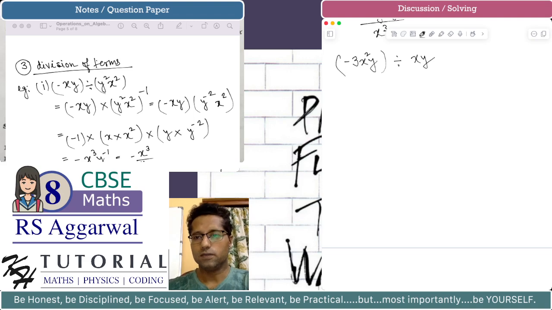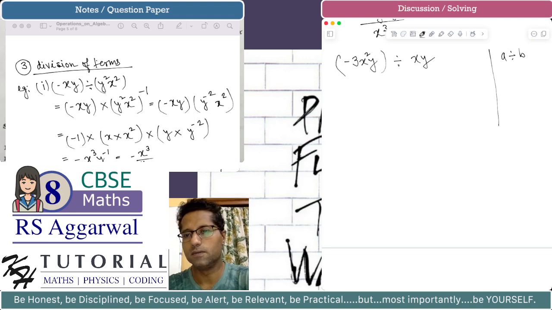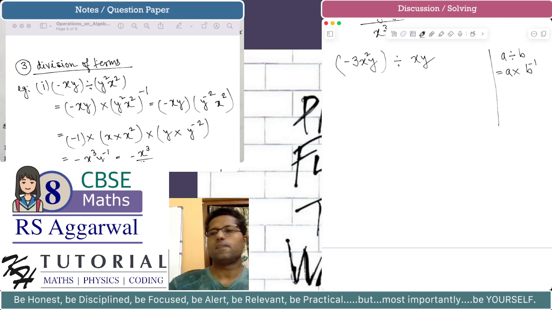As we know, for the division operator, if you divide a by b, of course b has to be a non-zero number or a variable. a divided by b is equal to a multiplied by the multiplicative inverse of b. b to the power minus 1 is the notation of multiplicative inverse, which essentially is 1 by b.